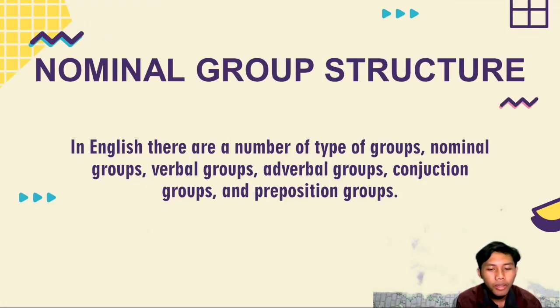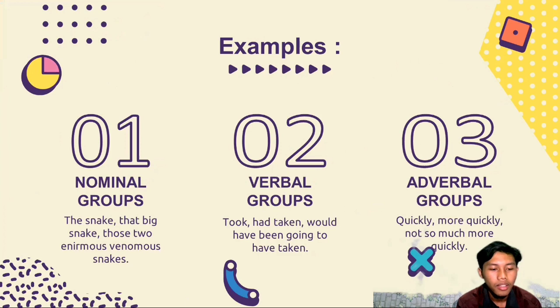So, nominal group structure. In English, there are a number of types of group: nominal groups, verbal groups, adverbial groups, conjunction groups, and preposition groups. What is the example for each group?